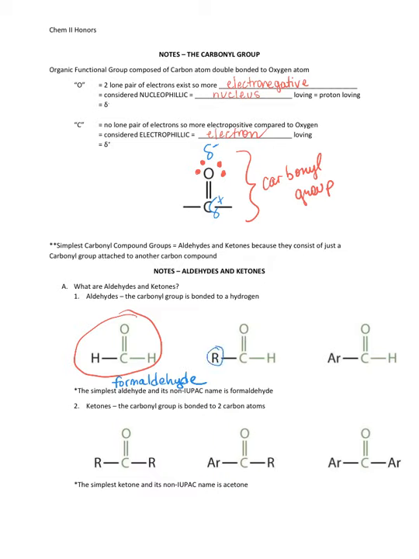Here, in this one, we have an R representing a carbon chain, and then on one side, you don't have an R, you have just the C to the OH. And then here you have Ar representing an aromatic group. For example, benzene.